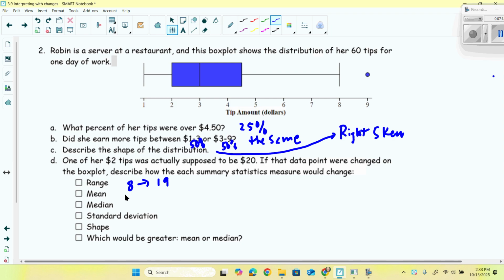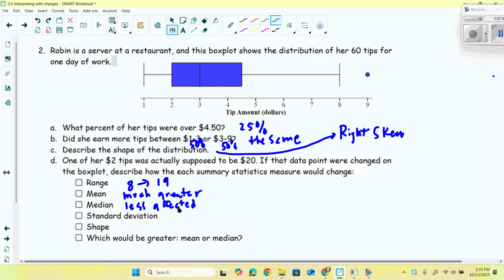The mean would be much greater. The median, less affected. So in fact, we'd cross out 2 on the top and 2 on the bottom. It was 60 data points, that's a lot in there. We're still going to be basically not affected on the median.